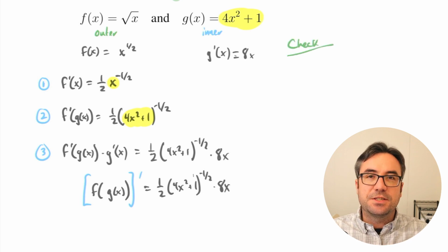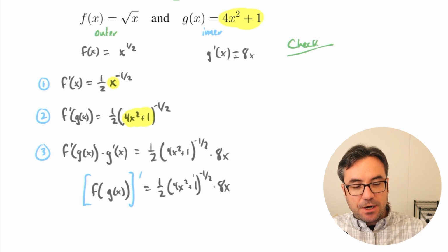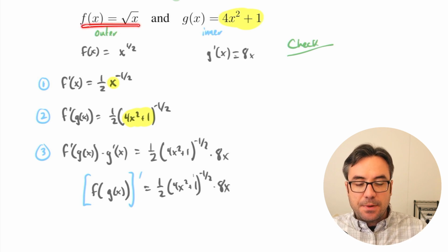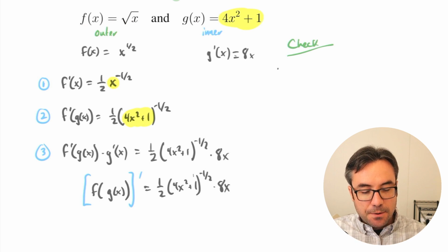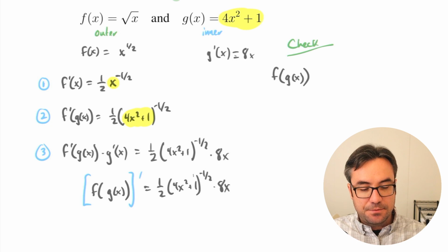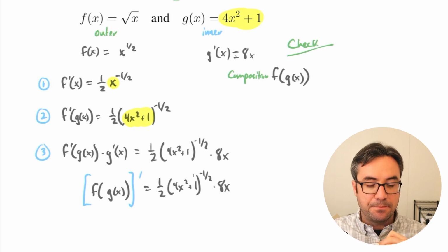All right, so let's check this out. Let's take these two components and plug them in, see what we get. We're going to first calculate the composition. Let's get a formula for that.